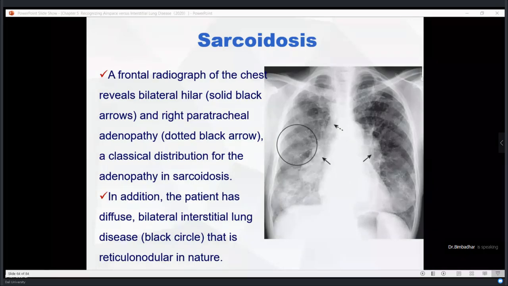That is how we make the diagnosis of these patients. But we consider the chest radiograph to be confirmatory, because this chest x-ray is very highly diagnostic of sarcoidosis.